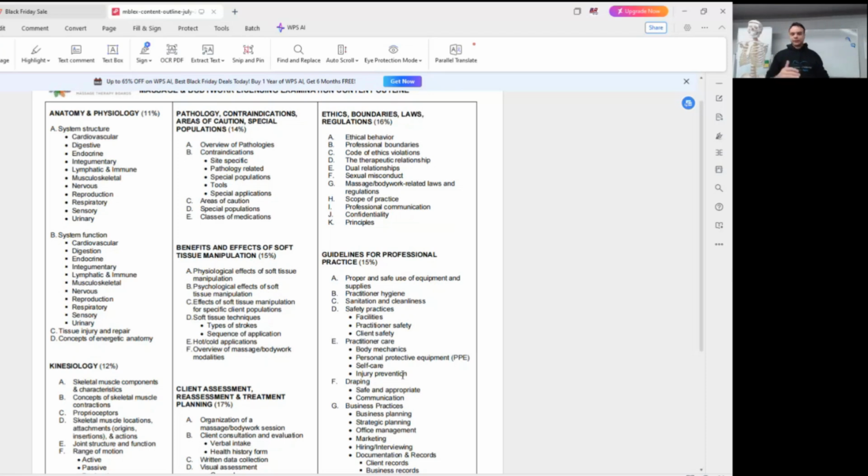You can postulate ten ways to Sunday what to do, but you can take a look at chapter 11 in your book, where special populations is listed again as another category. Classes of medications. Now, that's a big, deep well of a topic, because there are lots of classes of medications out there.